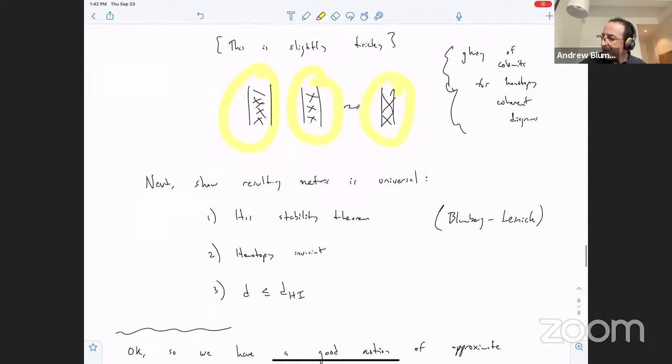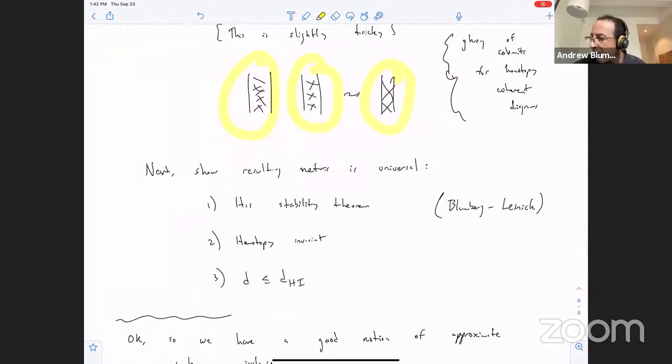And then the next theorem about this, and what I'm describing in this part is work that I did with Mike Lesnick, who is one of the people who's done lots of work on the idea of the interleaving distance and this algebraic stability. And what we show is that this metric, of course, there are many metrics you could put on things, but this metric is universal.